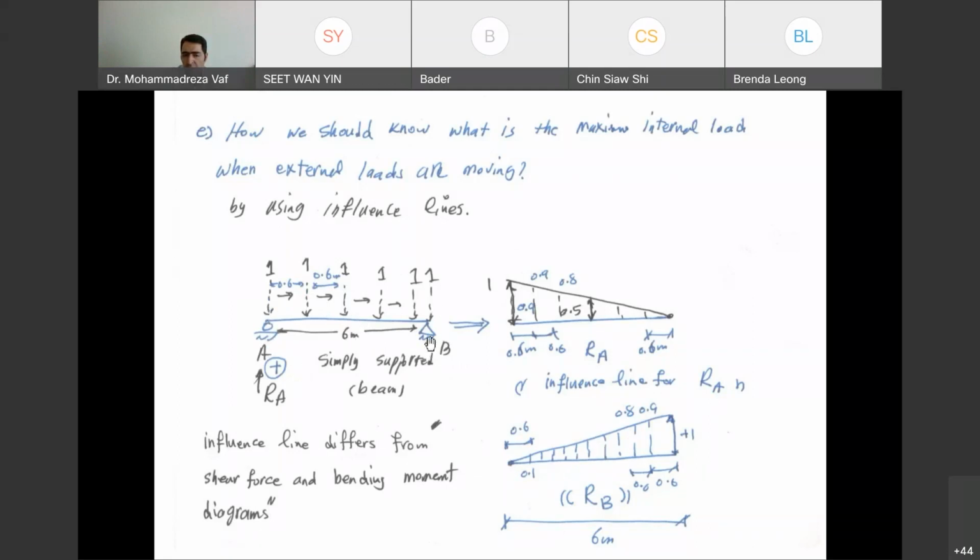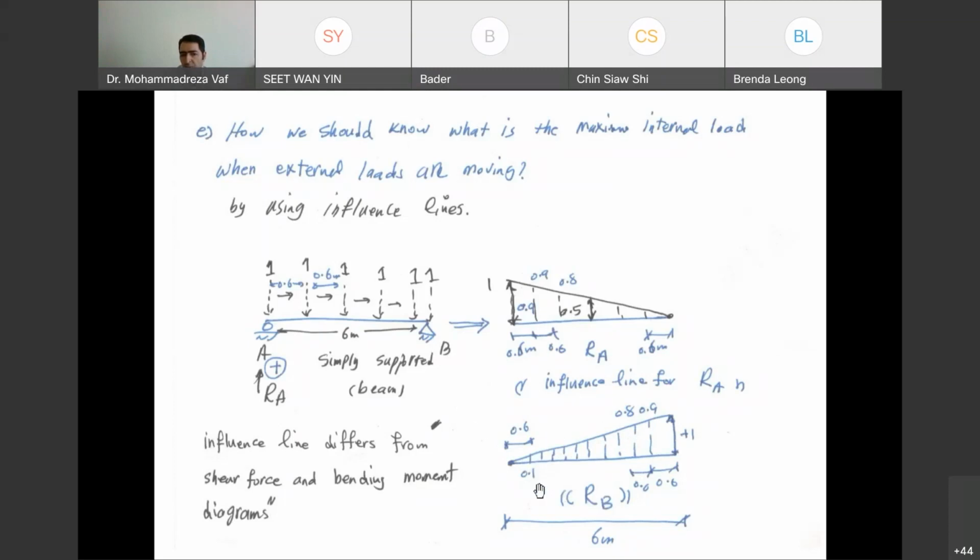When the load comes exactly to point B, the support reaction at point B becomes 1, and all the support reaction is transferred to point B. So if you connect these points to each other and draw the graph, you get the influence line of support reaction at point B. You can see it is similar to point A, but with opposite changes.